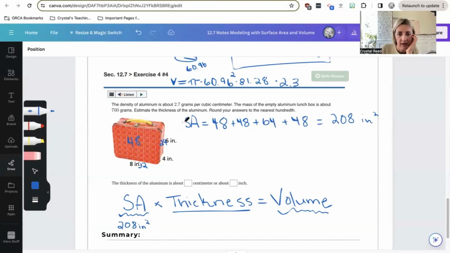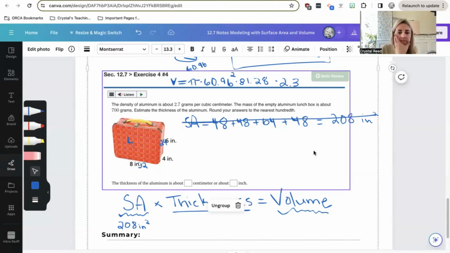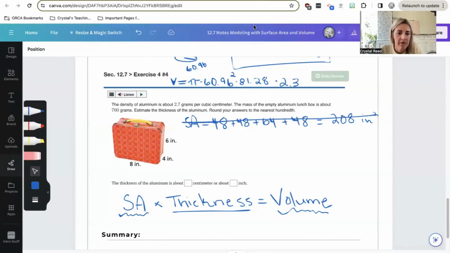So really none of that part mattered. Sorry. Right, that was just a good practice on surface area.